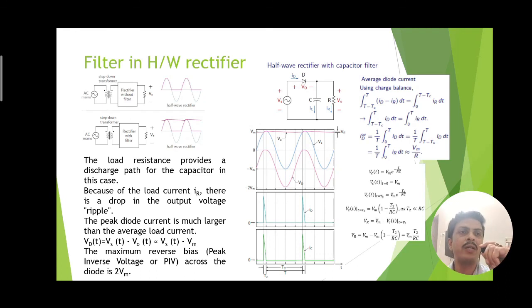Now the average diode current is calculated from the lower limit T minus Tc to capital T for ID minus IR, that is, the diode current and the resistive current. When it is calculated, we get the average diode current using the charge balance situation. The capacitive voltage is given by Vm into e to the power minus T by Rc, which is a decaying voltage; as T tends to infinity, Vc is almost equal to 0.